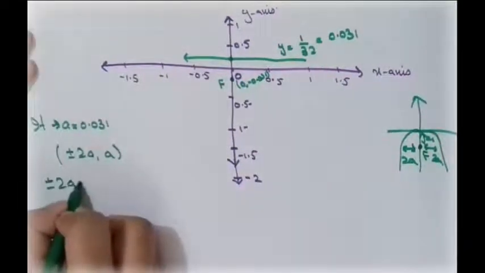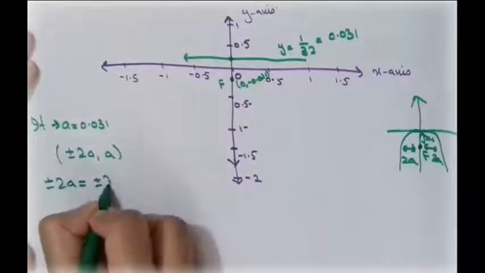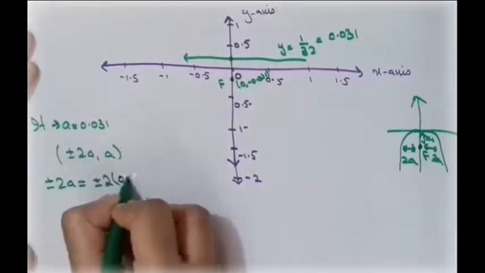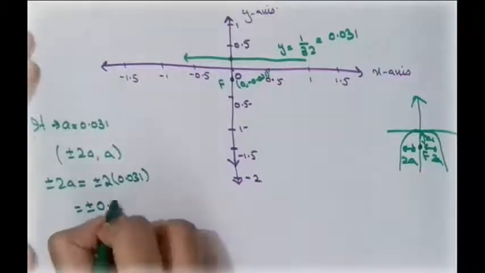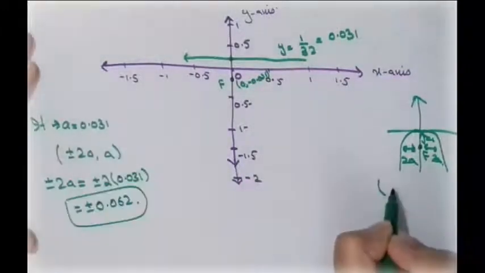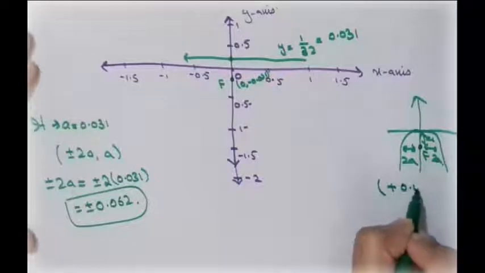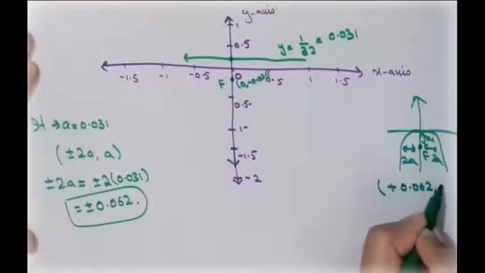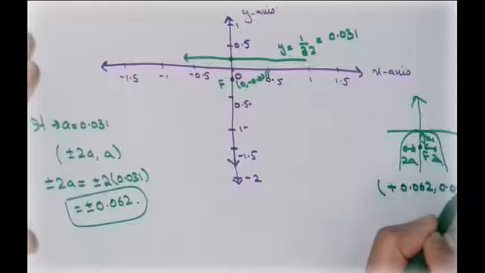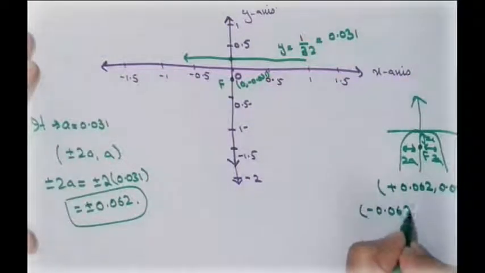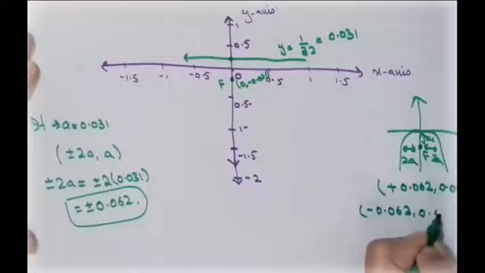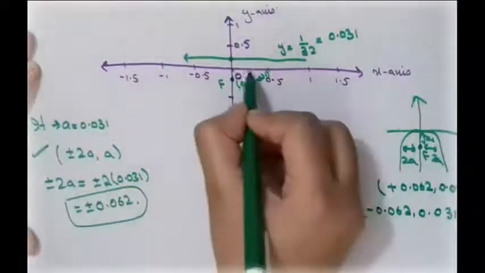Plus minus 2a equals plus minus 2 multiplied by 0.031, so it will be plus minus 0.062. The first point is plus 0.062 and 0.031, and the other point is minus 0.062, and on the y-axis 0.031.